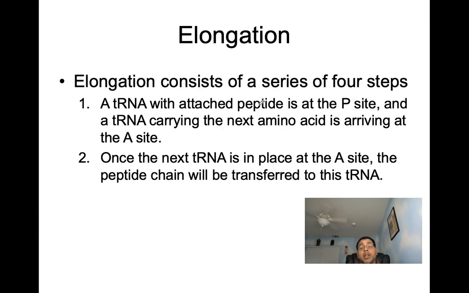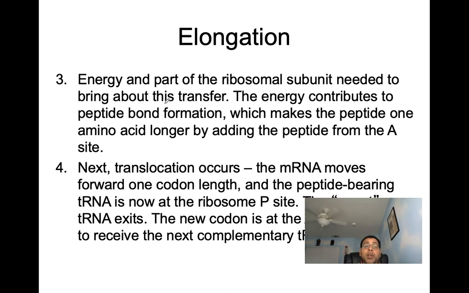Elongation, we'll see, is going to consist of four steps. First, we'll see a tRNA with attached peptide is at the P site, and a tRNA carrying the next amino acid is arriving at the A site, we said. Once the tRNA is in place at the A site, the peptide chain will be transferred to this tRNA, we saw. Energy, we'll see, and part of the ribosomal subunit are going to be needed to bring about this transfer.